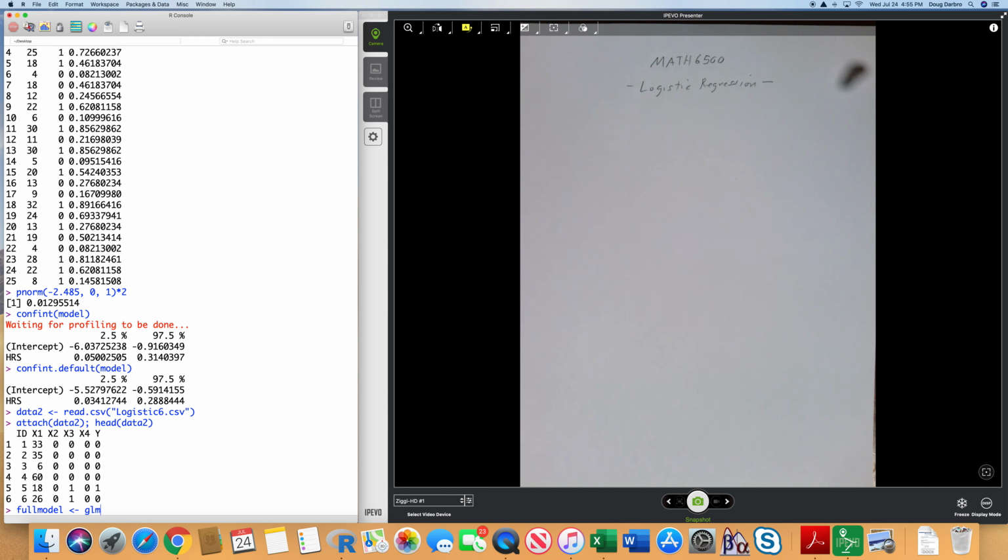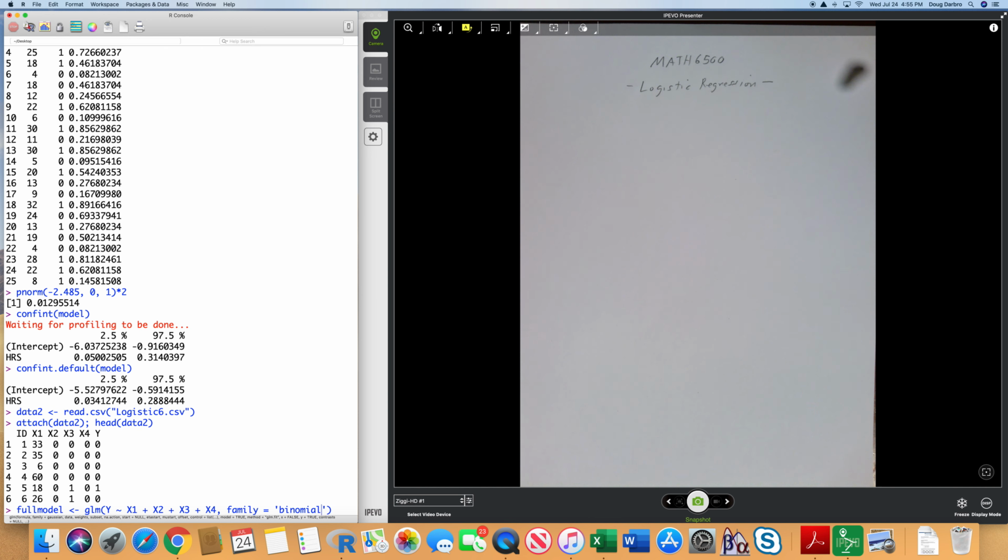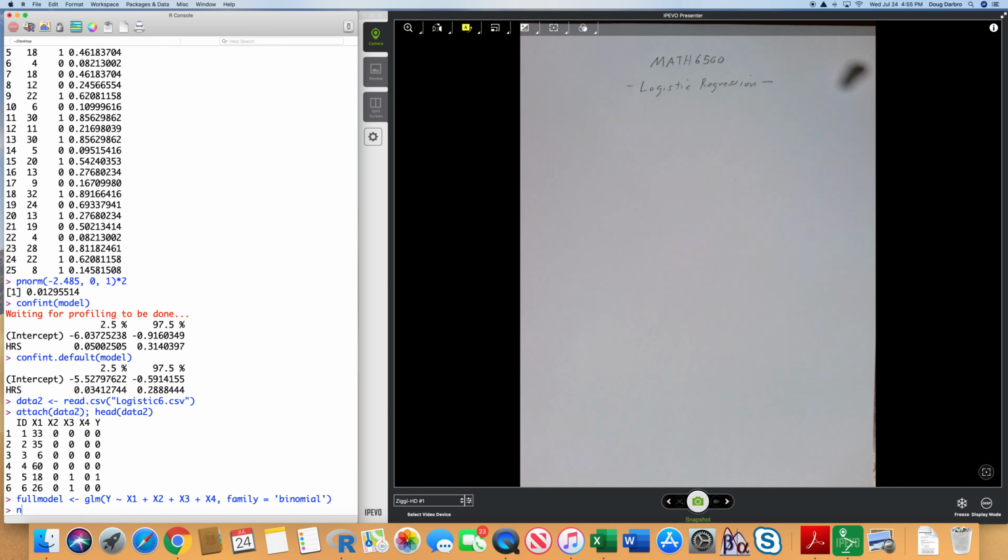I have no notes at all, but I know what I want to accomplish here. So I want y as a function of x1 plus x2 plus x3 plus x4, family equal binomial.